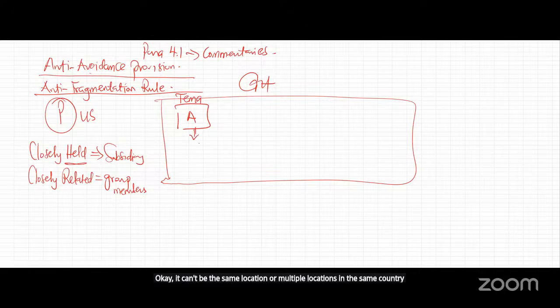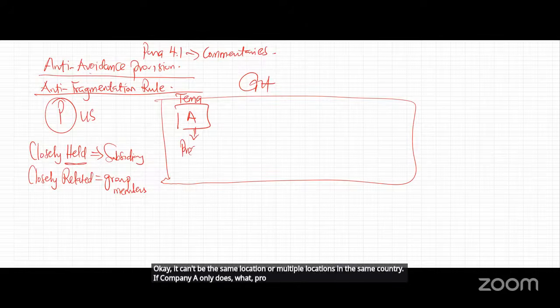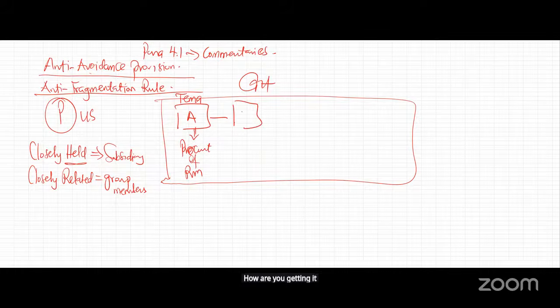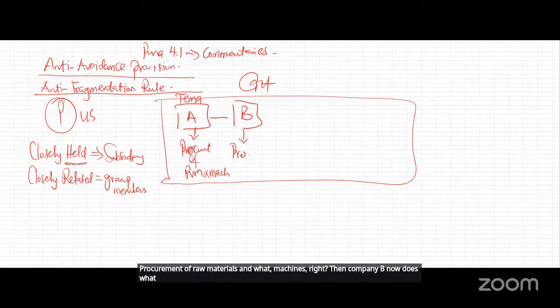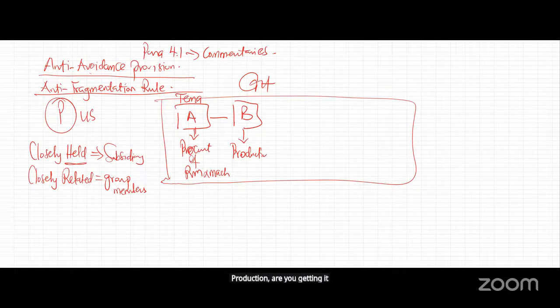If company A only does procurement of raw materials and machines, then company B does production of the goods. Are you all following? Yes, Prof. Then company C does packaging of the goods.